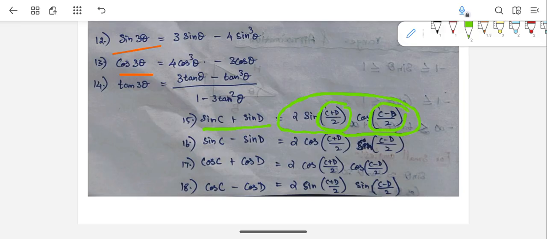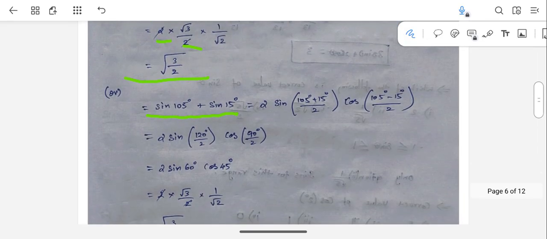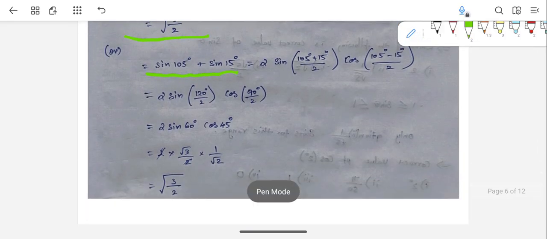You should not think that it is multiplication. So 2 sine (c plus d by 2) into cos (c minus d by 2). Like that you can expand if it is in the format of sin c plus sin d. So here you can see it is in that format only, sin c plus sin d. C and d are different angles, but both are sine only.